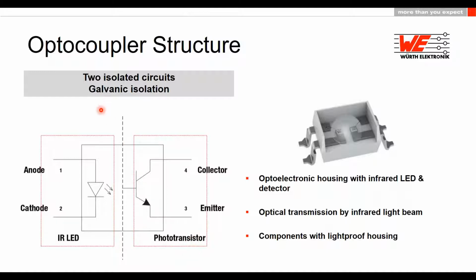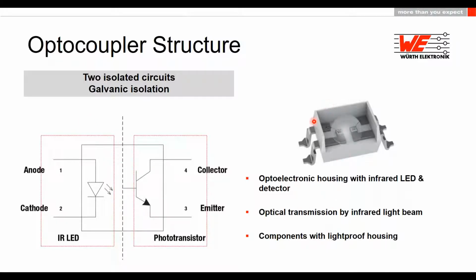As you can see in this diagram, both circuits are galvanically isolated from each other. That means we have one circuit for the infrared LED, and the second one for the phototransistor. So they are galvanically isolated, and both circuits have no connection to each other.